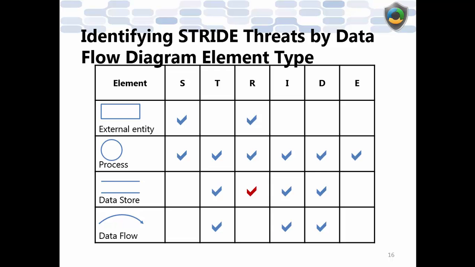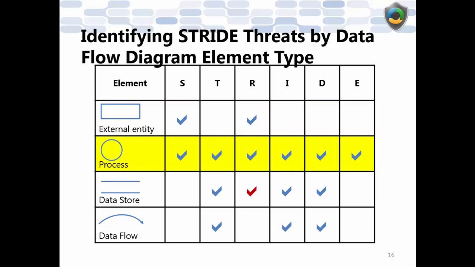To use the chart, each DFD must be analyzed for appropriate threats. For instance, if the data flow diagram of the model app contains an external entity element, then the threats of spoofing and repudiation must be considered.